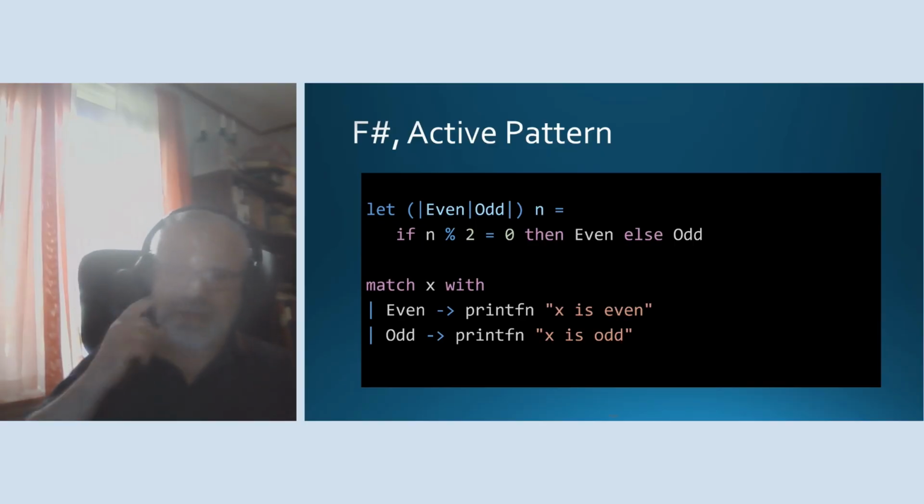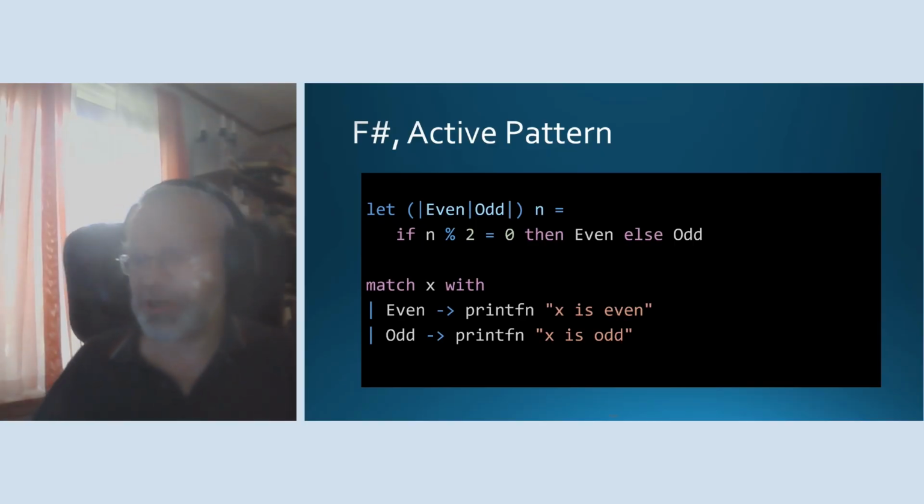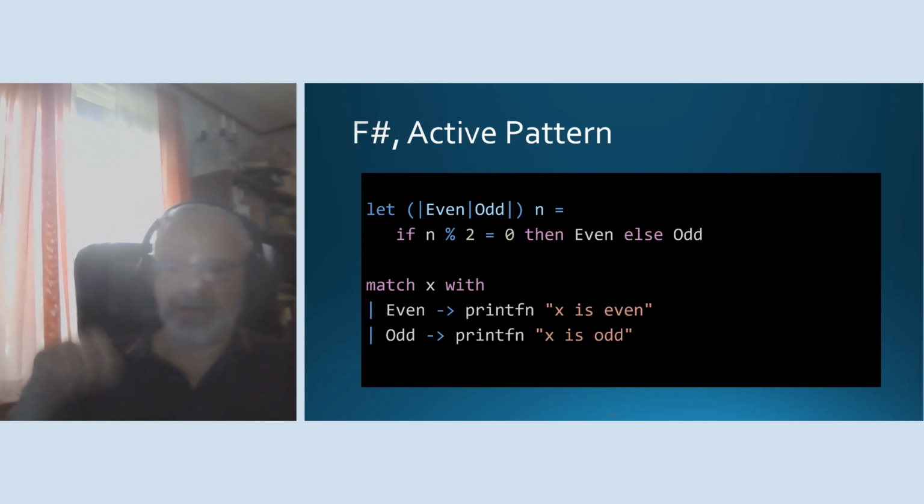In F# we have something called active pattern. You can declare a function that can return different values. And that means that when I call match here, then that function will be called, and the result of that function is what will decide which branch of the matching expression we execute.